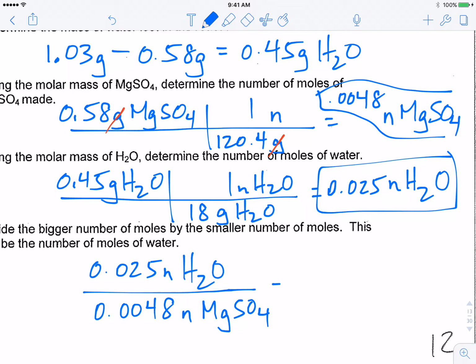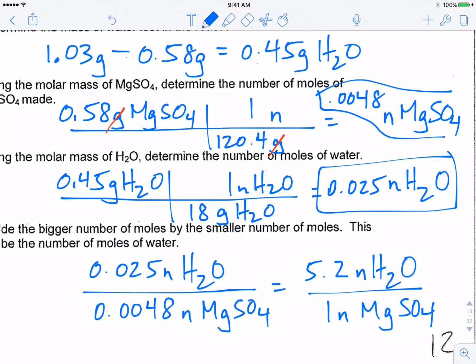We get a number, and it's about 5.2. So it says for every 5.2 moles of water, there will be 1 mole of MgSO4. So the reason we're doing this is we have a cleaner ratio of moles of water to moles of MgSO4.